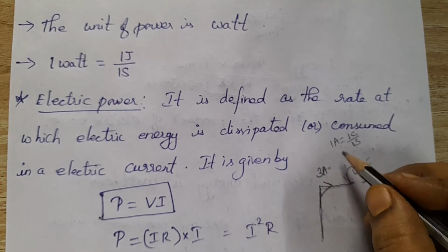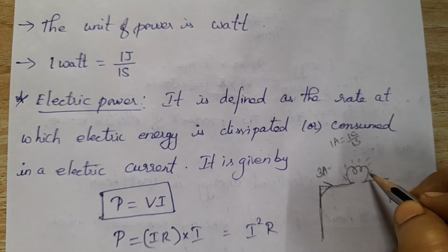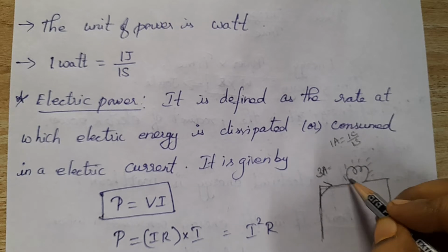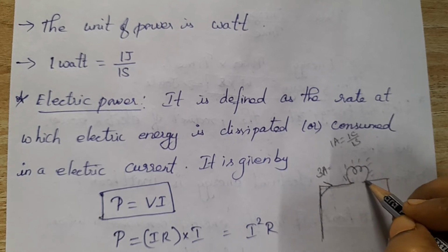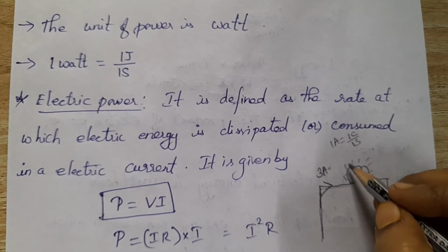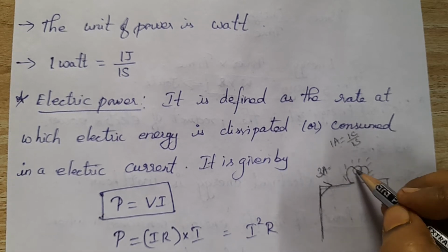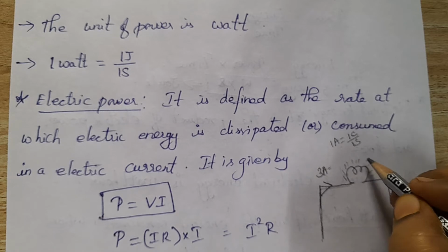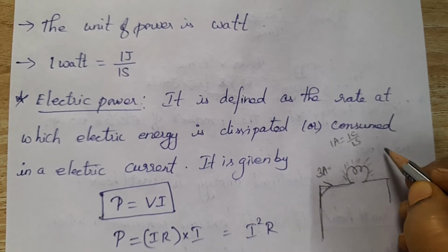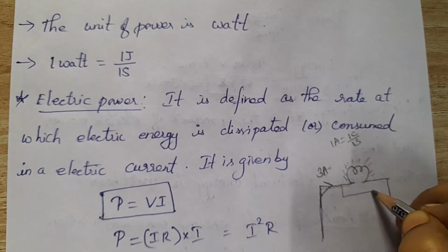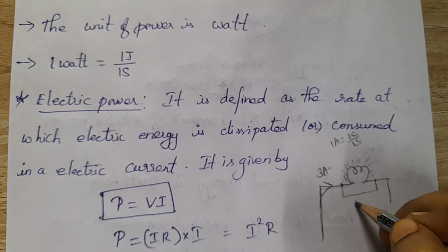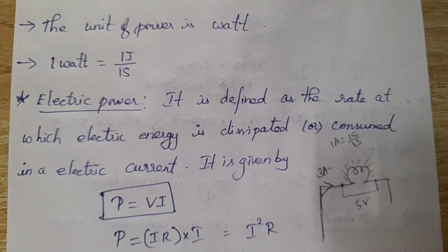So 3 amps of current flowing in this circuit means 3 coulombs of charge are flowing through this resistor per second. How much energy is dissipated here is given by the volt. The potential difference between this point and this point would be, for example, 5 volts.